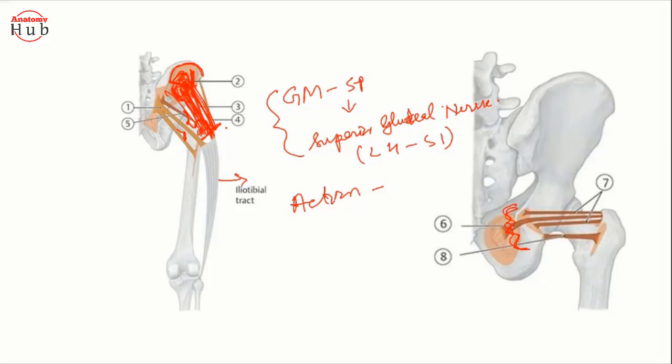So that means, for the gluteus medius and minimus, if the anterior fibers contract, then internal rotation and flexion will occur. But if the posterior fibers contract, then extension and external rotation will occur.